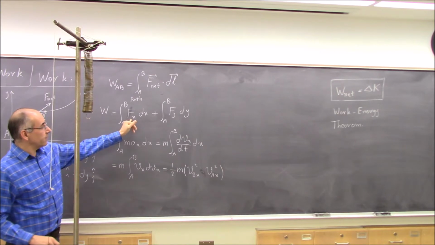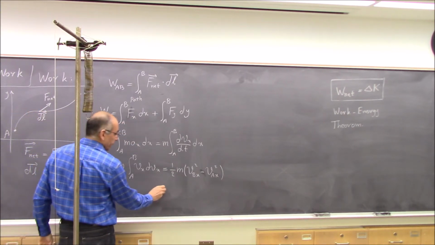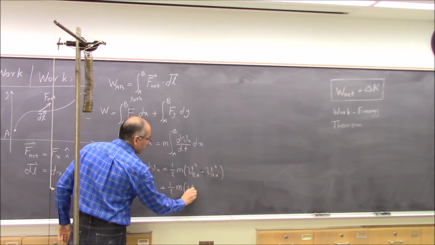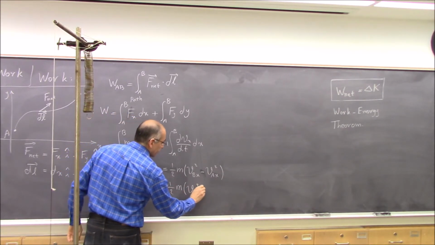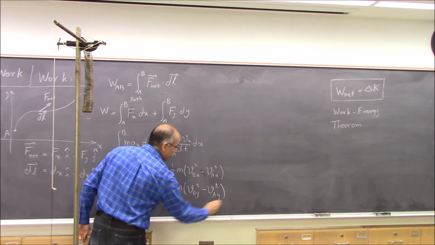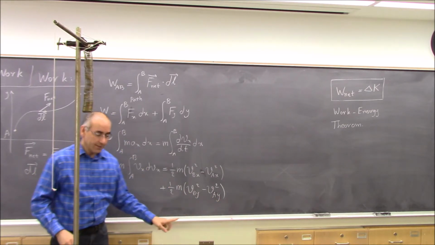And this is for the first one. If you do the second one, you have plus 1/2 m times vby squared minus vay squared. You have all y's, b minus a.